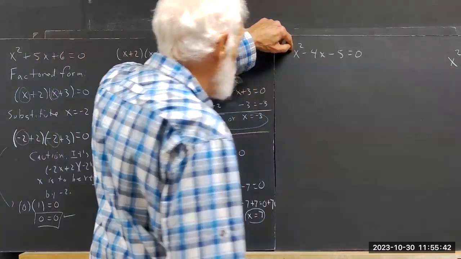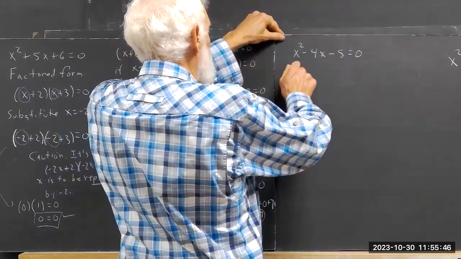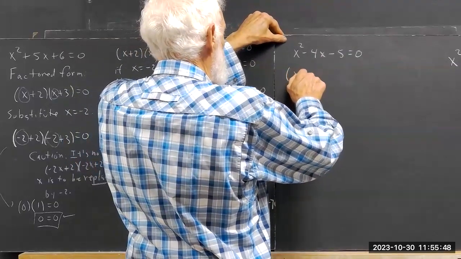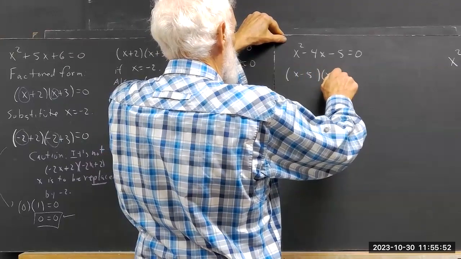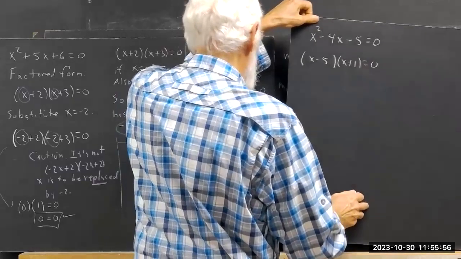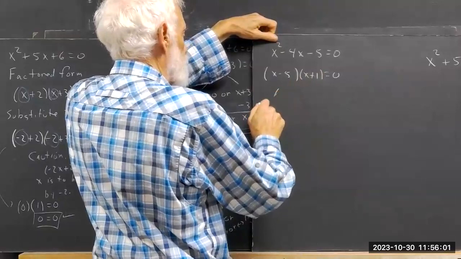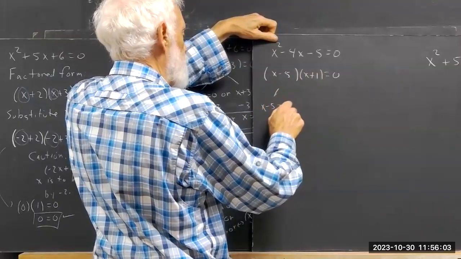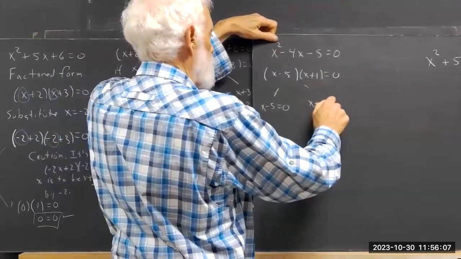Okay, so we have x squared minus 4x minus 5 equals 0. We can verify, and hopefully you are easily able to factor this. We get x minus 5 times x plus 1 equals 0. It breaks into the equation x minus 5 equals 0, and the equation x plus 1 equals 0.